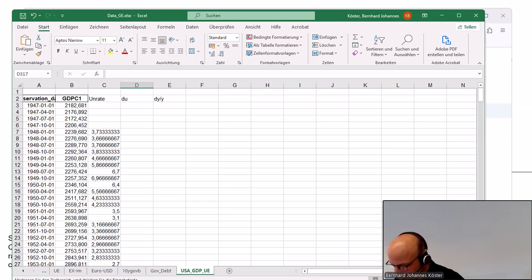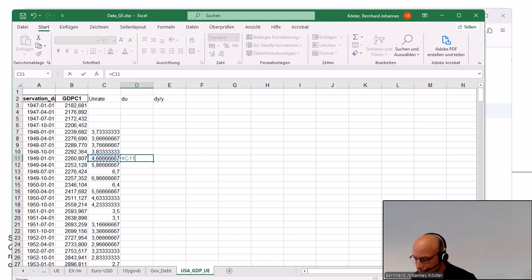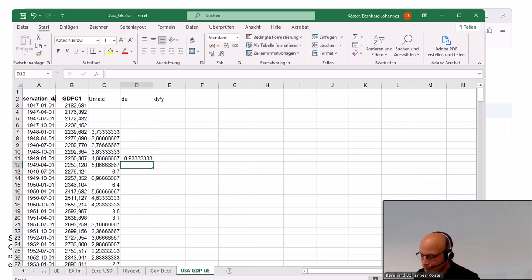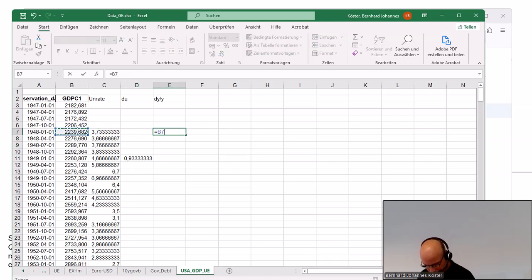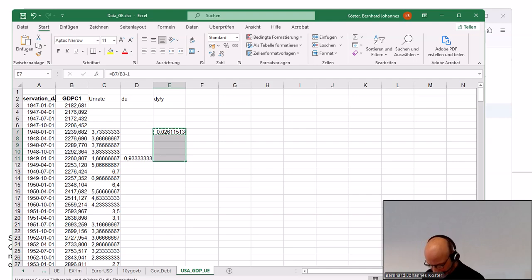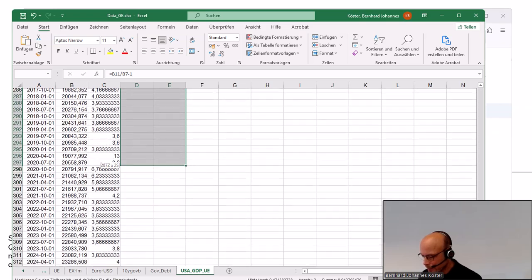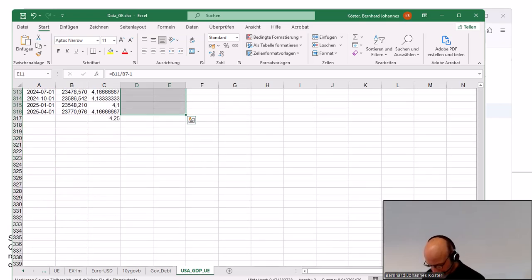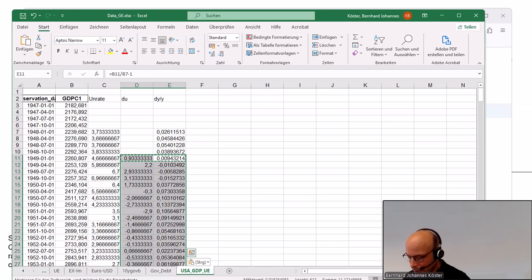So the yearly change of the unemployment data, this minus this, and the yearly change of the real GDP growth rate, minus 1, until today.